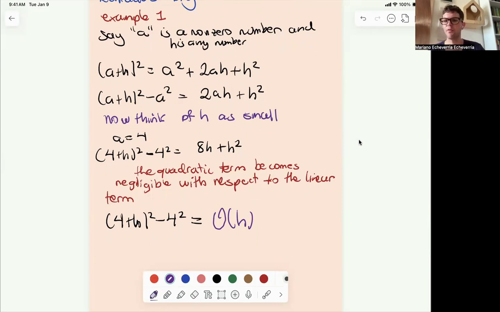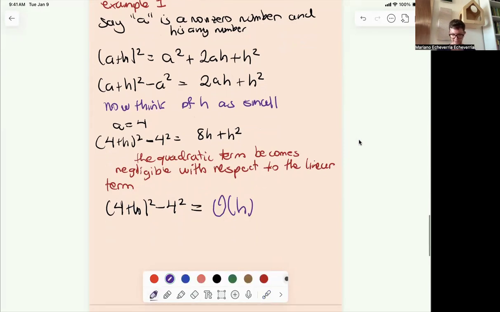It's a big O of h, and by that they just mean to say that if you were to simplify this, the relevant term depends on h. The dominant term involves an h.